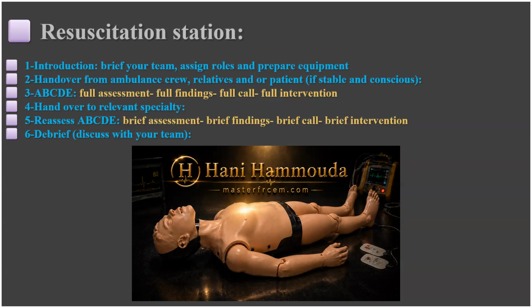It could be massive hemothorax. This is how to be organized. Clear, doctor? Yes. Then full call. You did not call. Call the trauma team, cardiothoracic surgeon. You jumped to chest drain. You jumped to intervention. You are not organized. Okay. So full call. Call the trauma team, cardiothoracic surgeon.